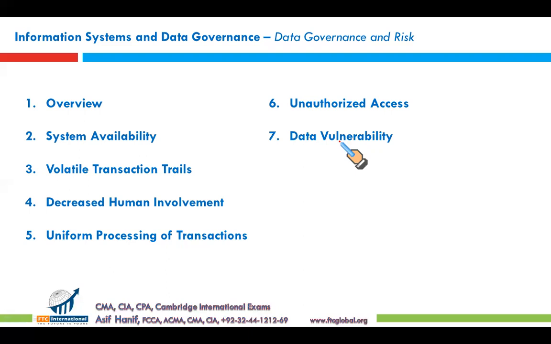So we will have an alternative processing facility where we can use our duplicated data and run our operations. So this is an important point. Your data is vulnerable. You have to secure the data and store it at multiple locations in order to protect it from destruction. If it's destroyed in one location, you have the alternative facility available and the duplicated data can then be used to run the operations.